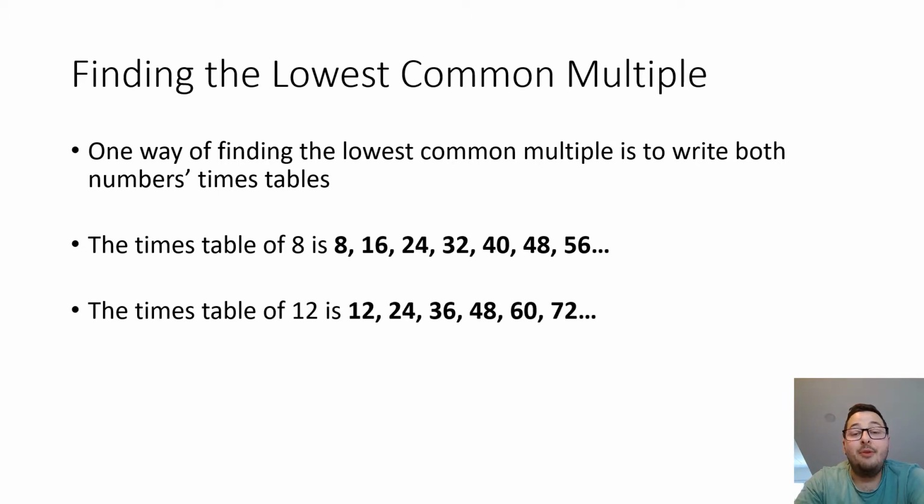And the times table of 12 is 12, 24, 36, 48, 60, 72, going on forever. Now, what are their common multiples? Well, you can see straight away that they've both got a 24, so that's a common multiple of both. And they've also both got a 48, and there'll be loads more, but we're only bothered about the lowest one, which will be 24.